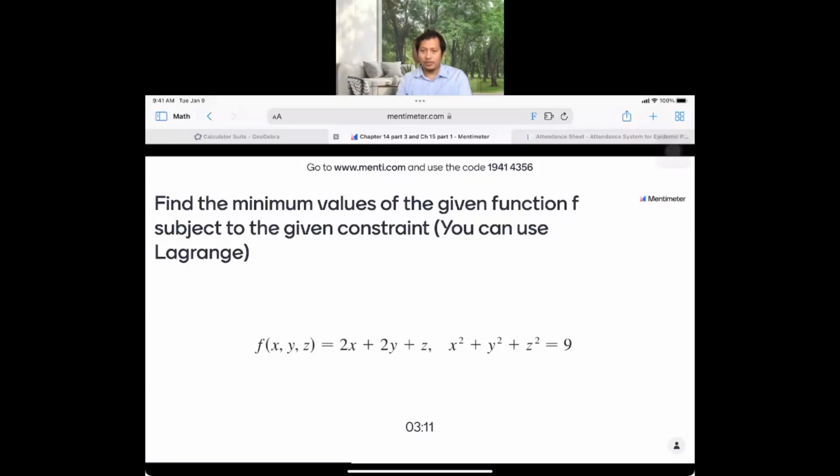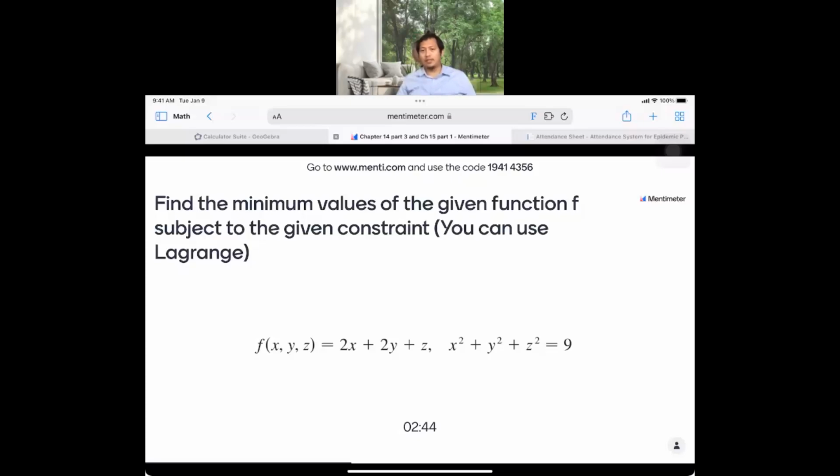I hope you are watching my additional video on Lagrange. Firstly, you need to determine the gradient vector of the function f, and let the constraint become a function g, right?